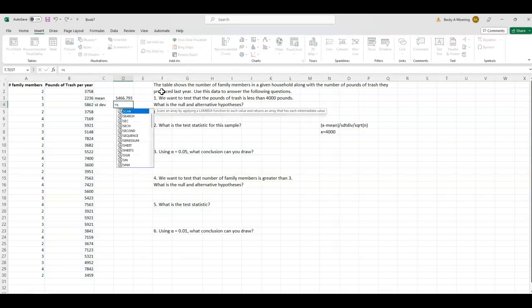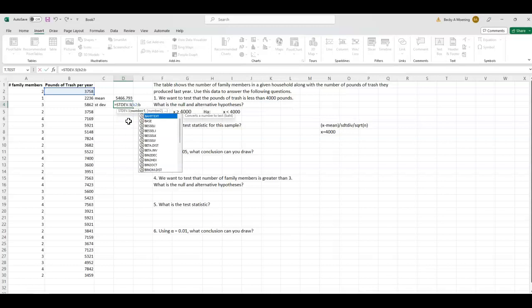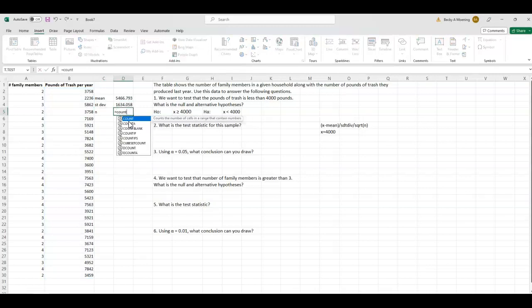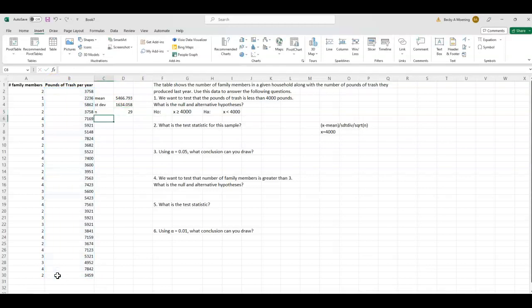So I'm going to type equals STDEV.S, because this is a sample. Again, B2 to B30. I'm going to need my sample size. If you don't know your sample size, you can use equals COUNT, and again, just select how many are in here. It'll tell us that the sample size is 29.